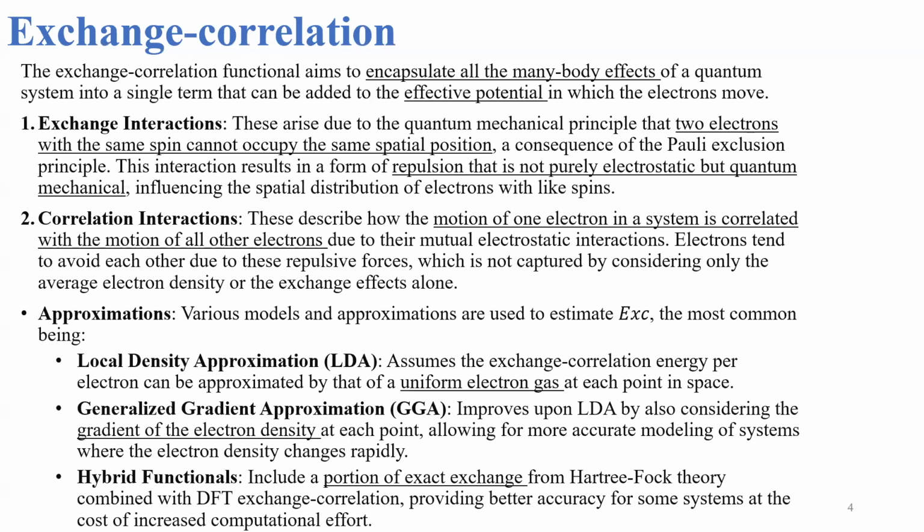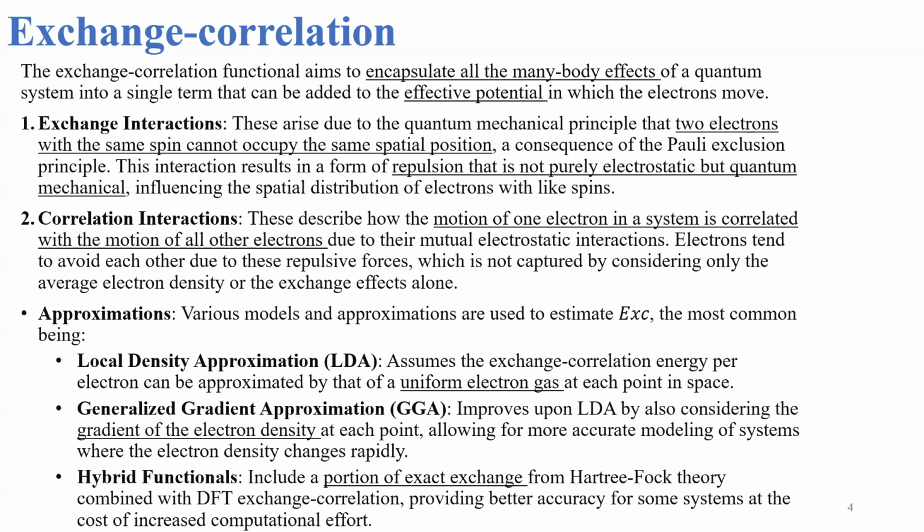In LDA, or local density approximation, it deals with the electron density at a particular point in space in a system. However, it excludes the gradient, or the rate of change of electron density, which is also important. And that's why there was a proposal of the generalized gradient approximation, called GGA, which improves on LDA by considering not just the electron density at a point, but also the gradient of the electron density.